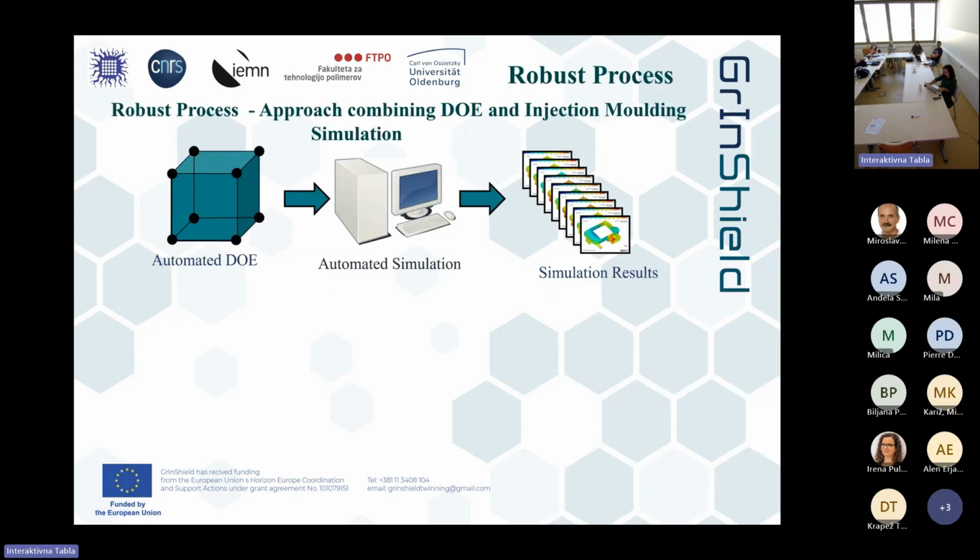And what we can do with the simulation, we build up a DOE, design of experiments. Then we make these simulations according to the DOE as a kind of automated simulation in the computer. And finally, we get out, if you say, okay, we want to have 32 simulations, we get 32 parts.